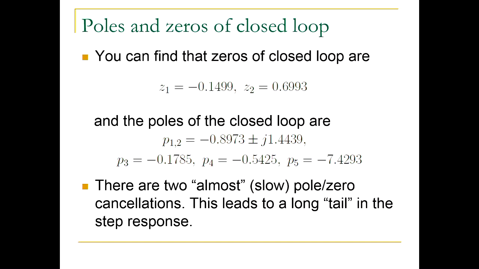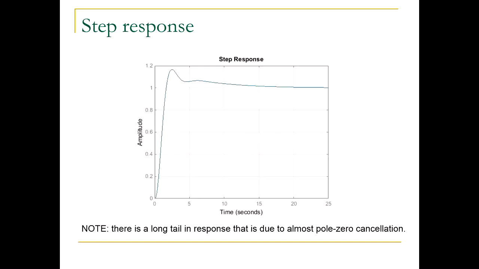But definitely this pole here and that zero there is an almost pole zero cancellation. Note that they are both very close to the imaginary axis. Because they are very close to the imaginary axis, there would be a slow response due to that pole. It's almost like a cancellation, but if you plot the step response, you will get this slowly decaying tail. This is a typical outcome of an almost pole zero cancellation.